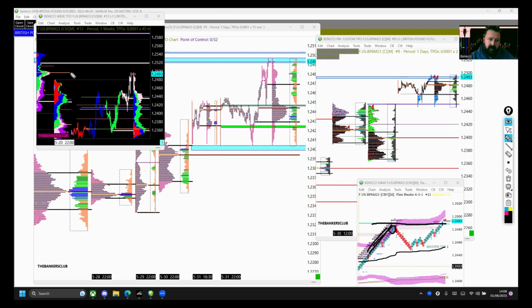I've also got the weekly chart up, the point of control, which we've now only just tapped into. However, we didn't tap into it earlier on. We were just short of it, but we'd cleared this poor high from the previous week's profile and started stalling around there.